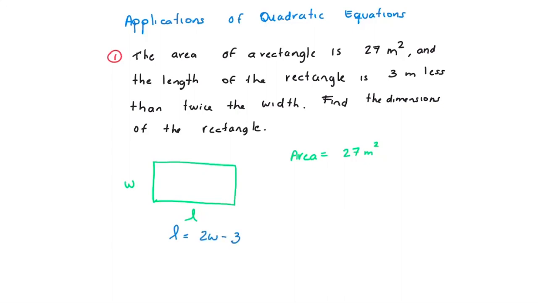Do you all agree with me until this point? The length in terms of width is 2 times the width minus 3, because it says that the length of the rectangle is 3 meters less than twice the width.